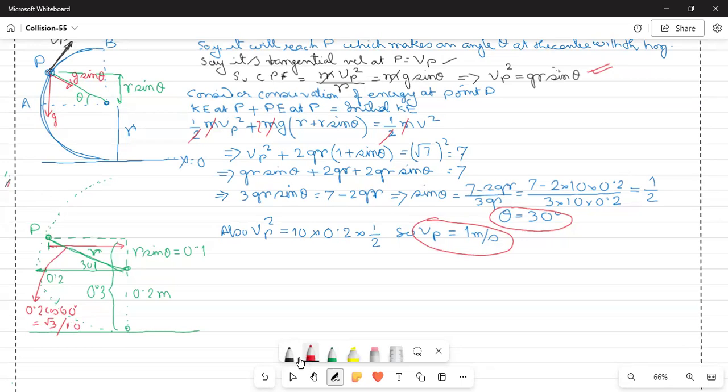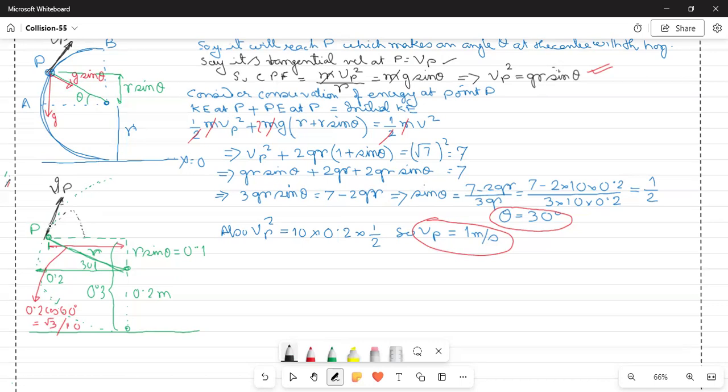Now coming back to the problem once again. Here it had a tangential velocity of Vp. And at this point, it loses contact with the semicircular surface. So what will happen? It will start flying as if it is a projectile like this.